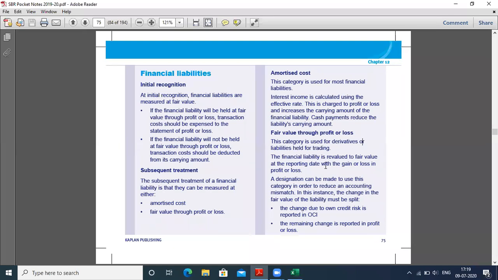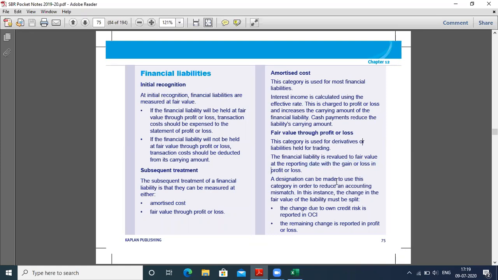But do remember, this fair value through profit or loss is applicable only for companies which are in the trading business. So we need to revalue the financial liability according to the market value, and whatever gain or loss we get in the revaluation will be shown in the statement of profit or loss account.